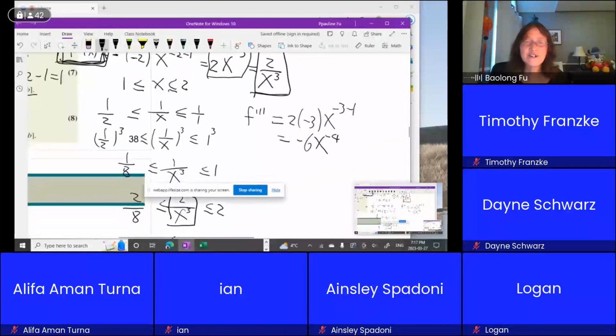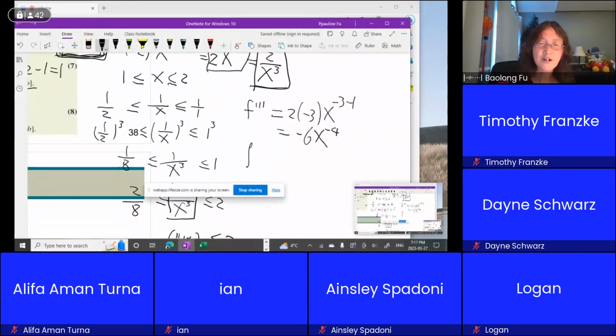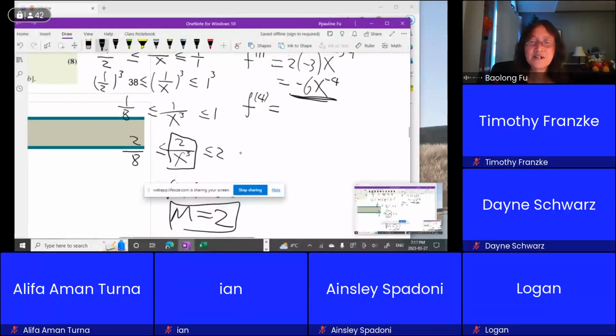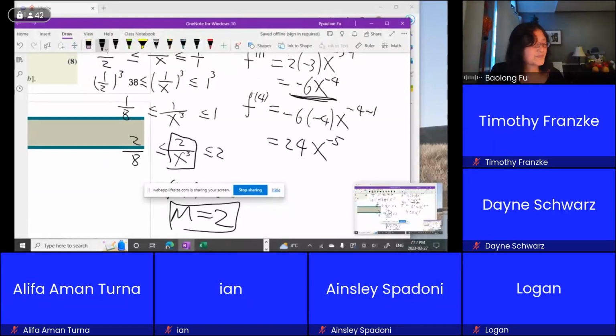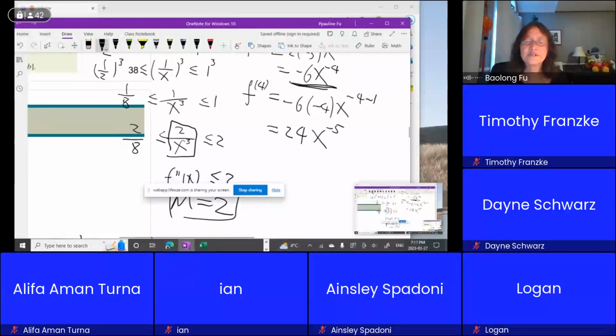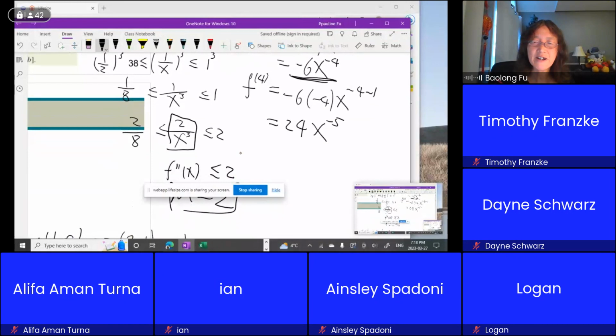This is the third derivative. Now the fourth derivative: take the derivative of this, so -6, -4, -4, -1, 24, x -5. And then I rewrite it as 24 over x +5.